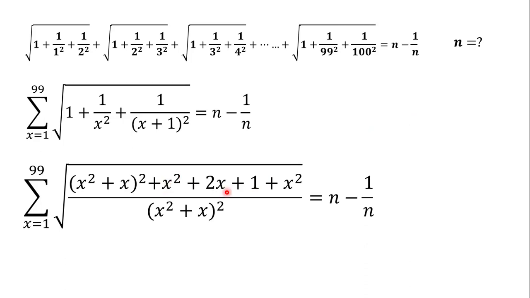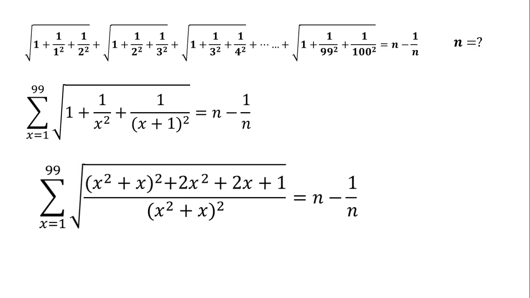X squared, and this x squared is going to be 2 times x squared, and I can factor out 2 from these two terms.